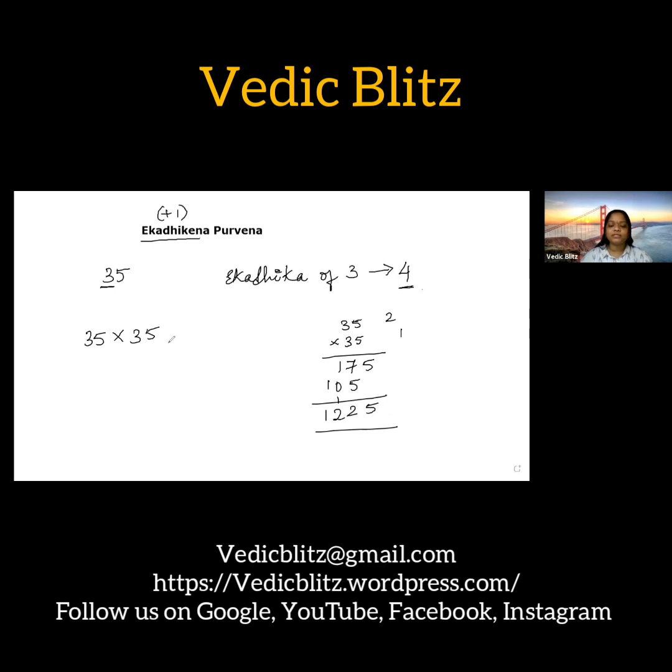In Vedic mathematics, we have a shortcut technique using Ekadhikena Purvena. We should multiply 3 with its Ekadhika. 3 multiplied by 4 will be 12. This will be your left hand side answer, whereas your right hand side answer will be 5 multiplied by 5, which is 25.